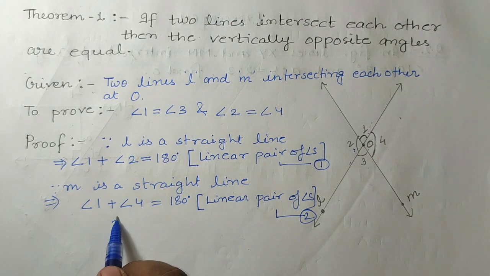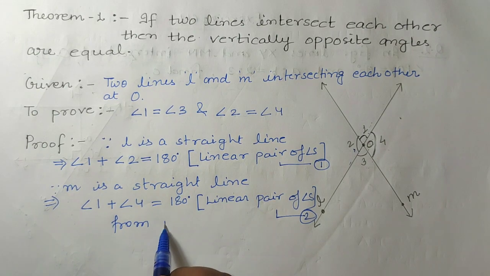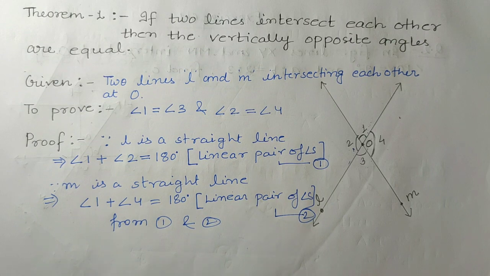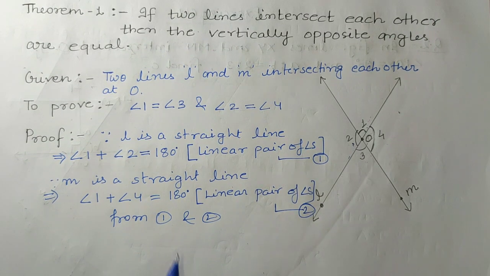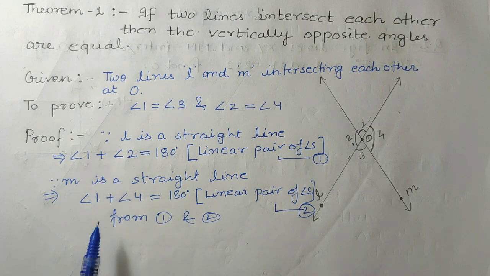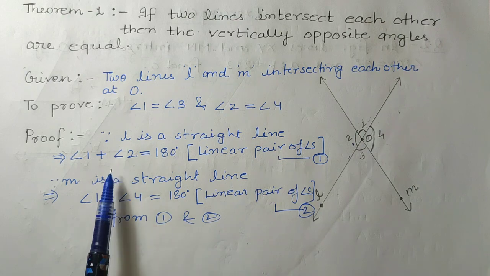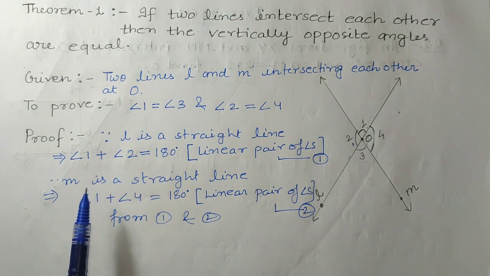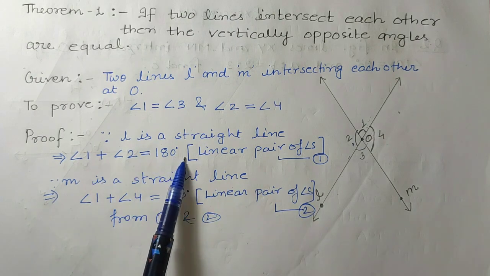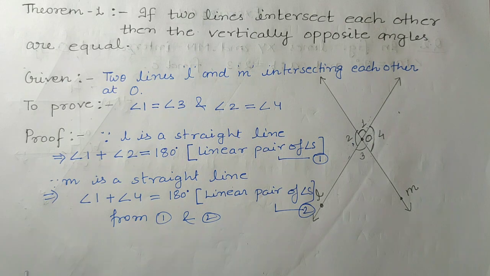So from equation 1 and 2, we can say their right hand sides are equal, so their left hand sides should also be equal. Like in Euclid's geometry we have studied, things which are equal to the same thing are equal to one another.